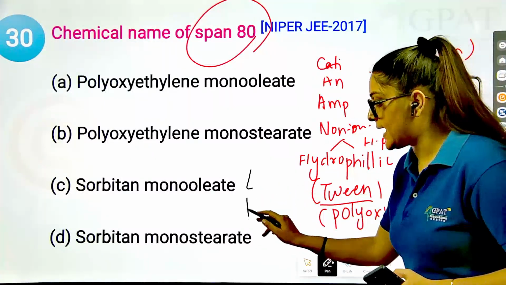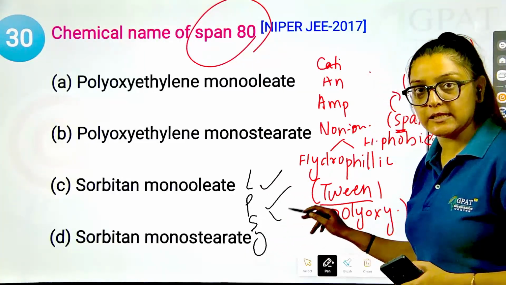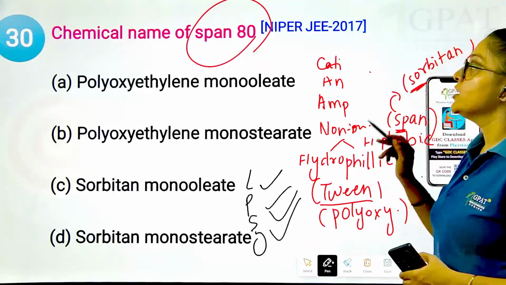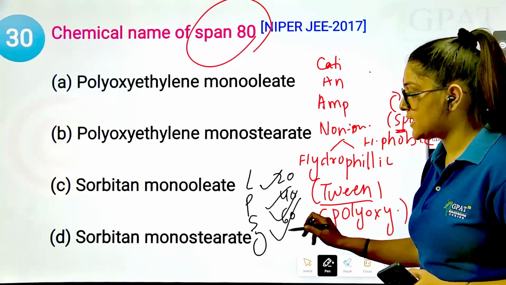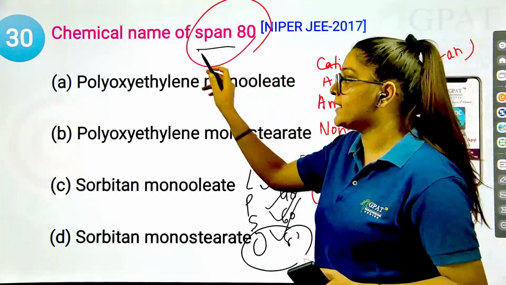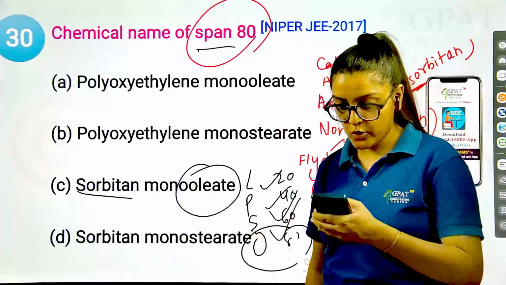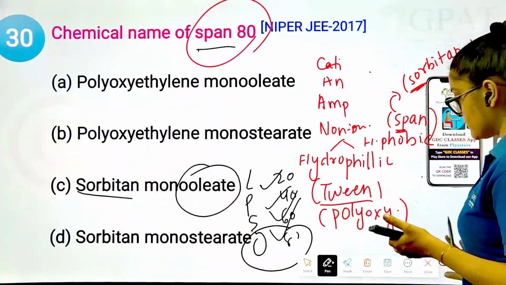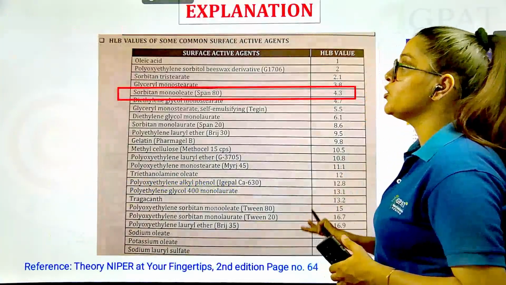So you can say LPSO: laurate, palmitate, stearate and oleate, right? So Span 20, 40, 60, 80. 80 will be oleate. So Span 80 is a sorbitan ester with a mono-oleate. Okay, right. So the correct answer will be option C, sorbitan mono-oleate.